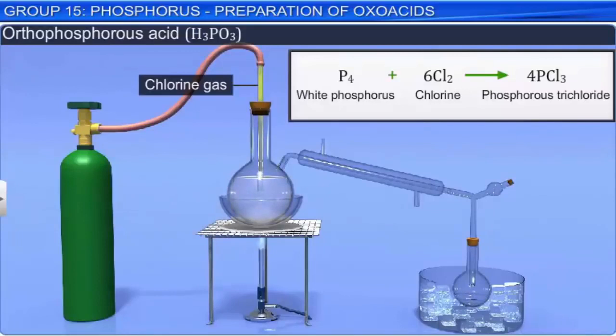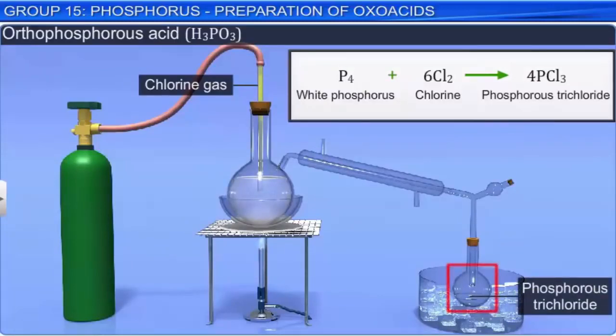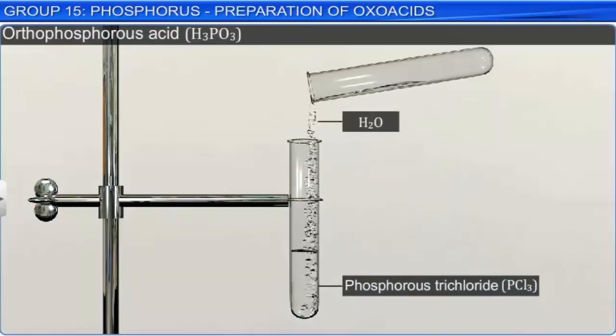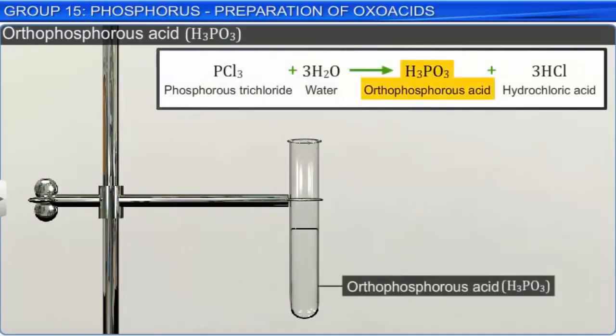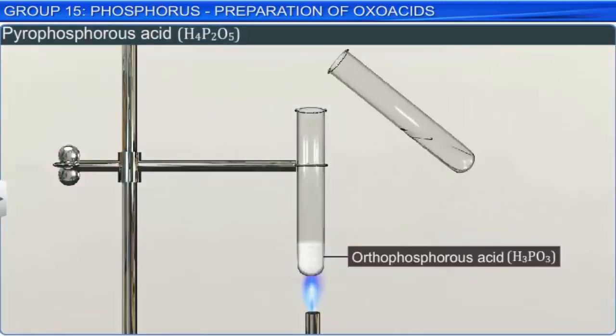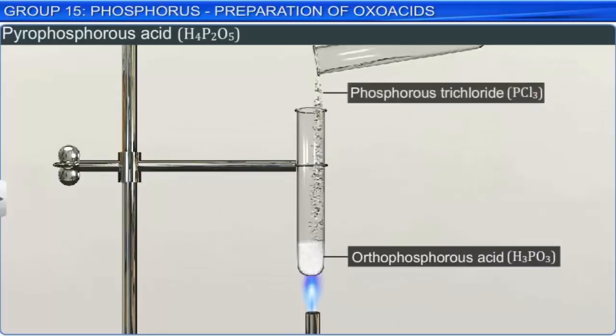The phosphorus trichloride so formed is instantly hydrolyzed to give orthophosphorus acid. Orthophosphorus acid, when treated with phosphorus trichloride, gives pyrophosphorus acid.